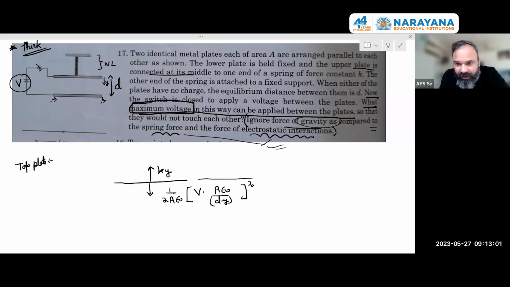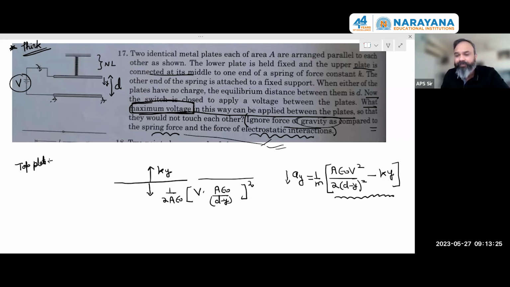So when this block is moving down, it has a variable acceleration, and that acceleration is 1 upon m times the force terms: A epsilon naught V square upon twice of (d minus y) the whole square, minus ky. Now comes the interesting portion of the problem.